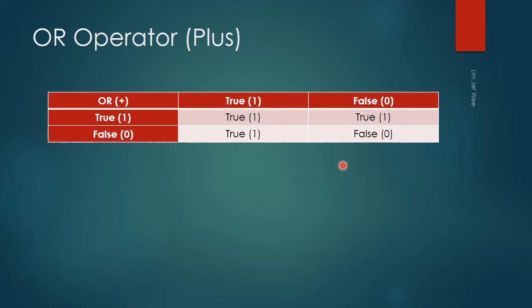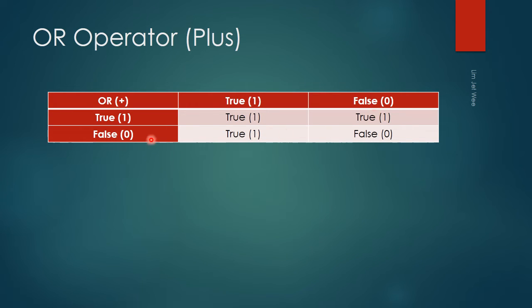But again, if you are more mathematical, the OR operator is actually a plus or addition, whichever term you want to use. So OR is a plus. Again, you have true and false as 1 and 0. If you have 1 plus 0, you will have 1.